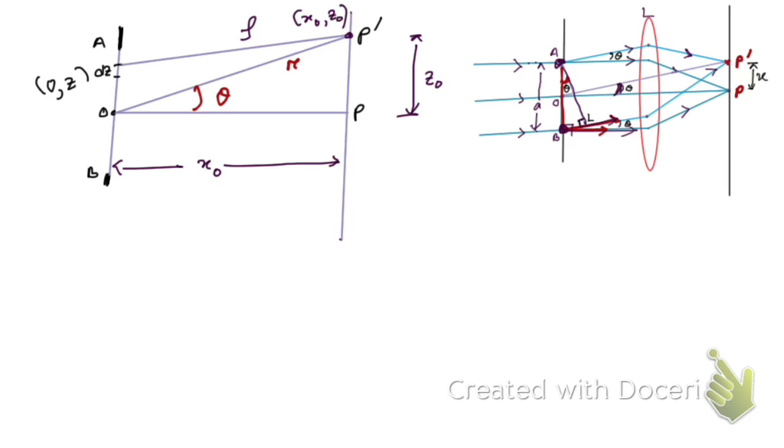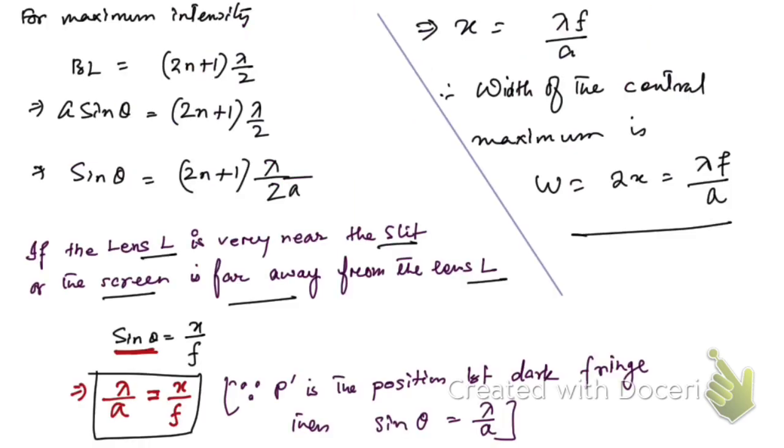Earlier we had considered the distance of P dash as x, so you can make it z naught if you want. Let me change it in previous slides also, wherever you have seen x, make it z naught, otherwise it will be very confusing for you. Let's make it z naught.